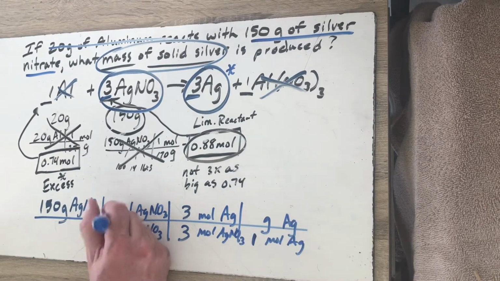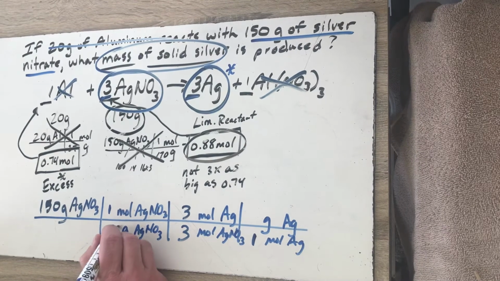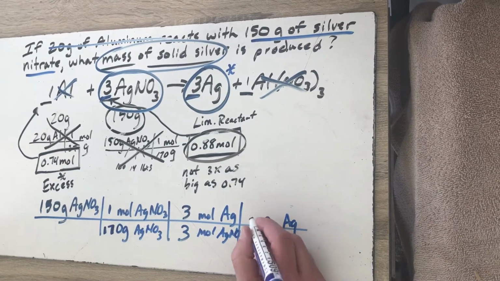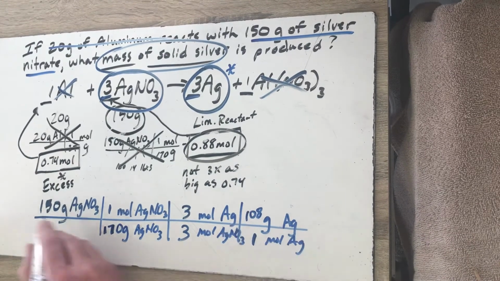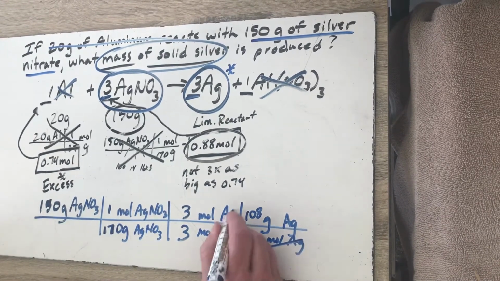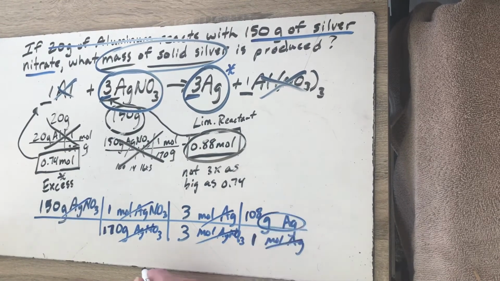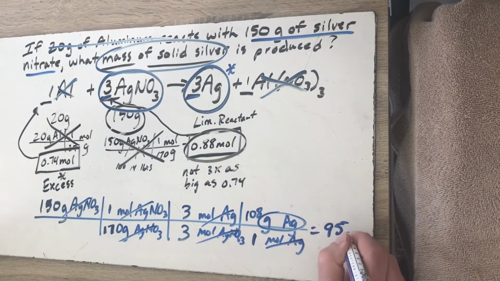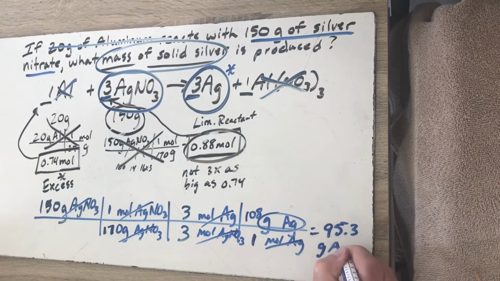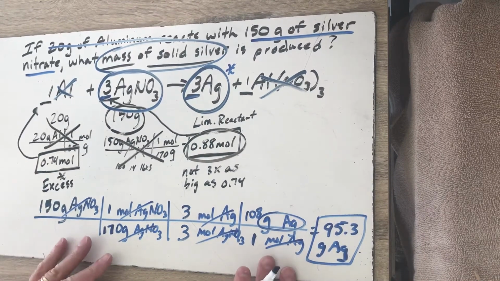And then the other two conversion factors are just the molar mass from the periodic table. We knew this one was 170, and silver by itself is 108. And when we put those together, we multiply everything on top and divide by everything on the bottom. All of these units are going to go away, and we're going to be left with grams of silver, which is what the question was asking for, and we get a value of 95.3 grams silver.